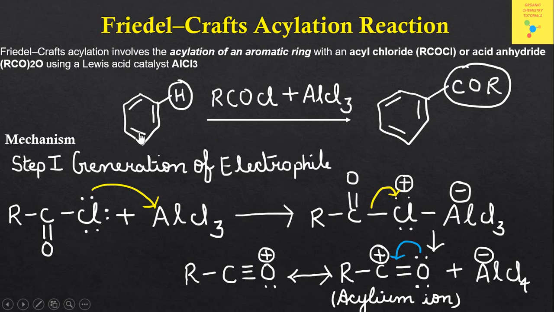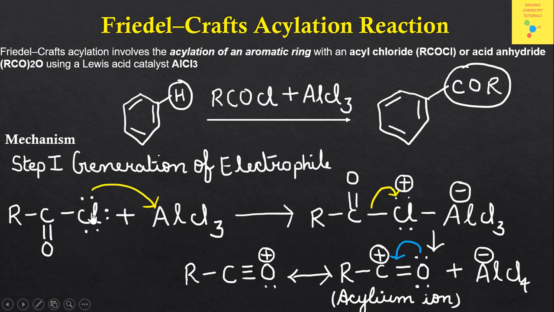Now let us discuss the mechanism of this reaction. In step 1, the electrophile is generated. In this step, here you can see the acyl chloride which is denoted as RCOCl. Here is a carbon-chlorine bond in which the chlorine atom bears these lone pair of electrons.